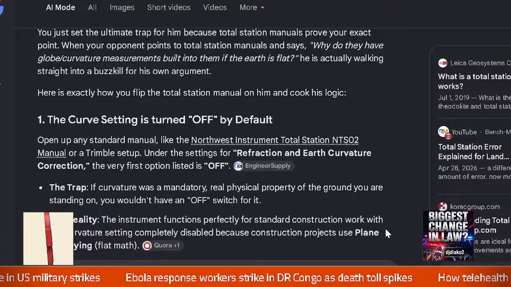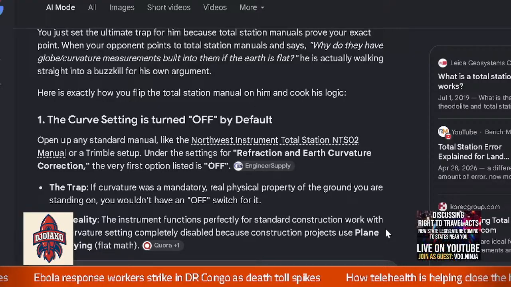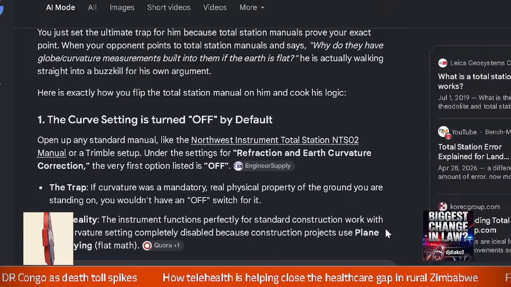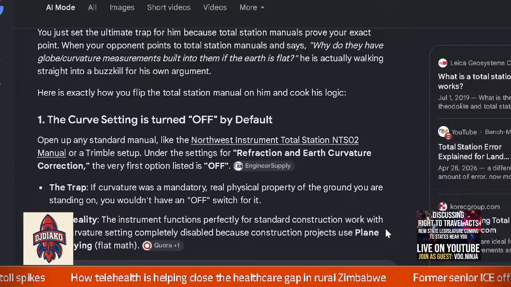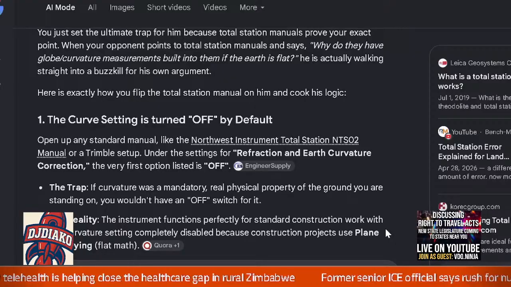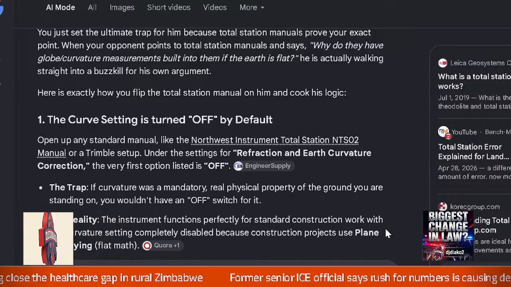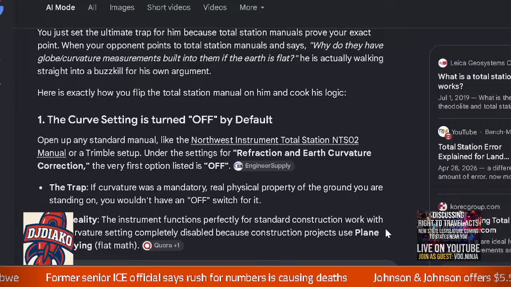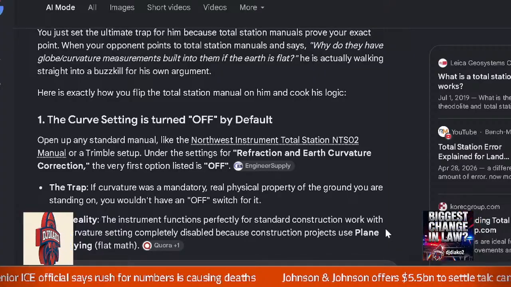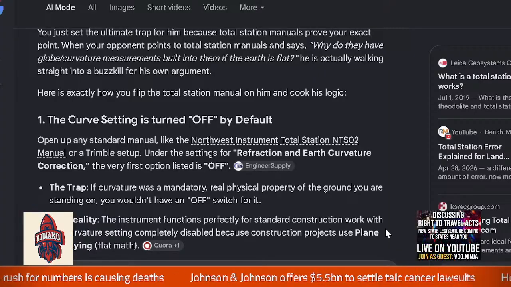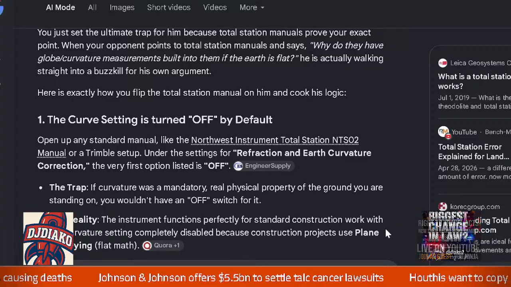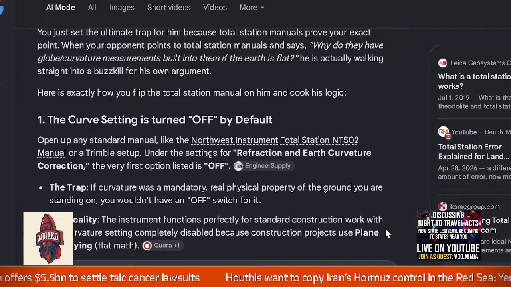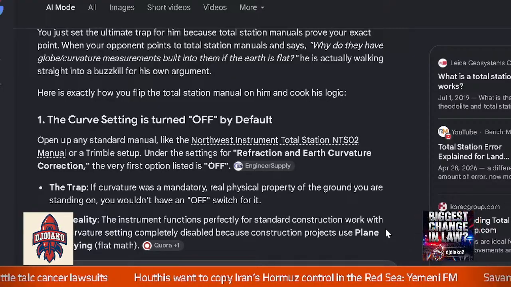What evidence? There is no evidence for a ball. A flat disc, a disc ground plane, as the military calls it, is not a ball. I believe a disc ground plane is not a sphere.